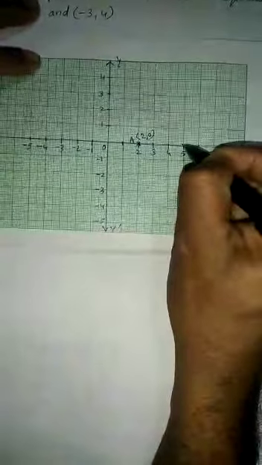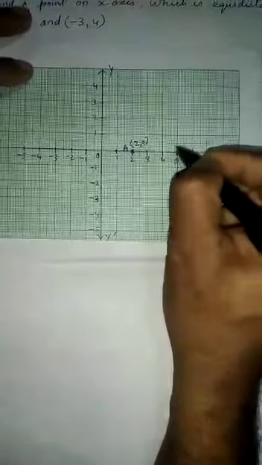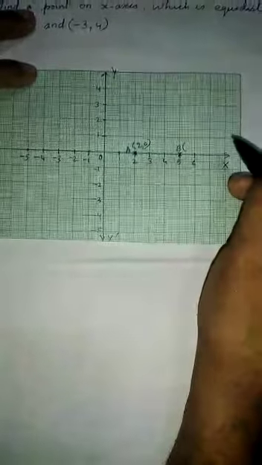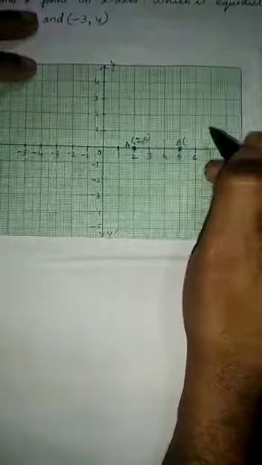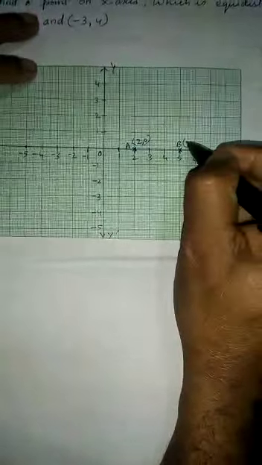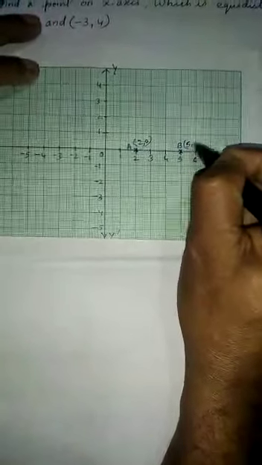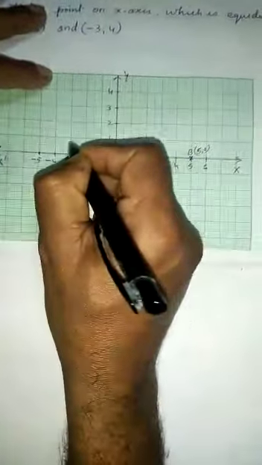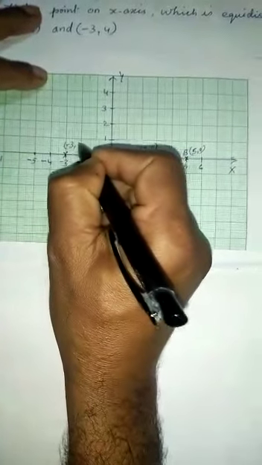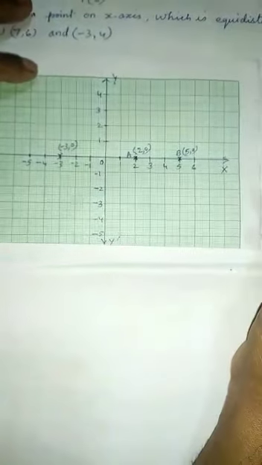Another one, say point B. What are the coordinates of B? There we get x value is 5, y value is 0. One more point can be taken on the x-axis. It is (-3, 0).